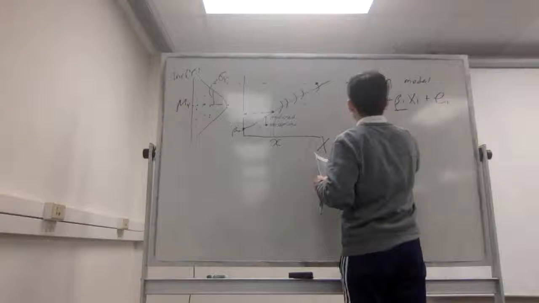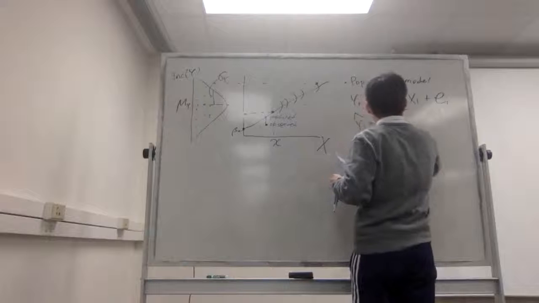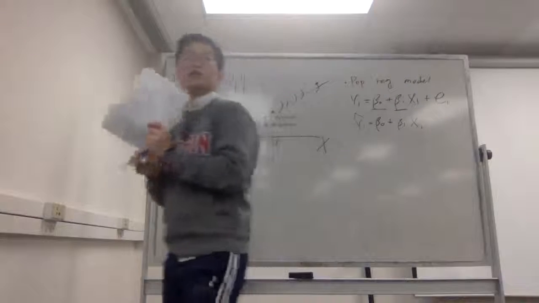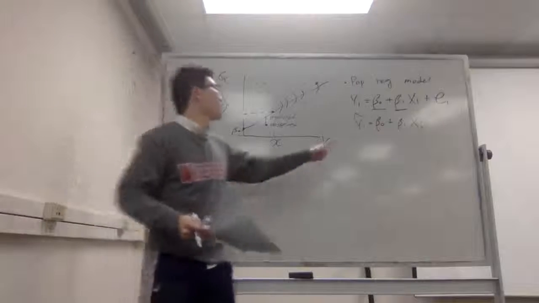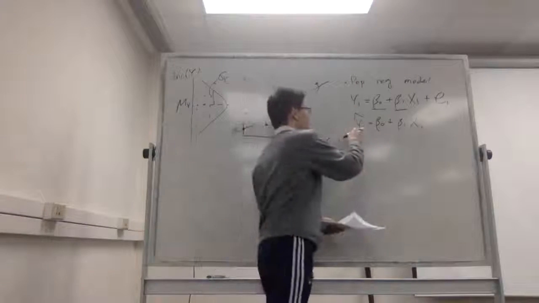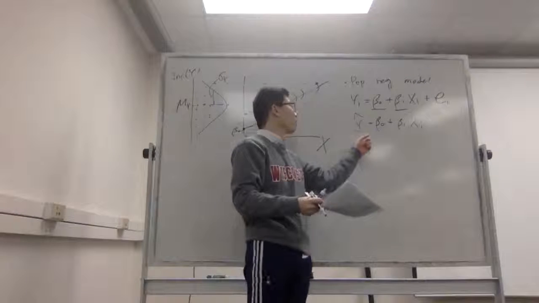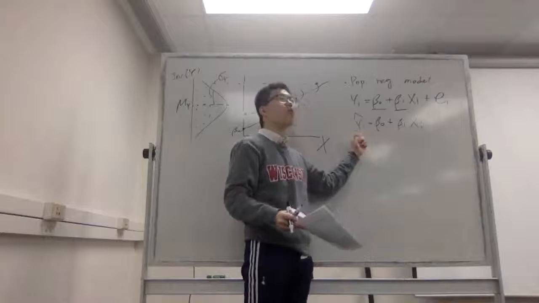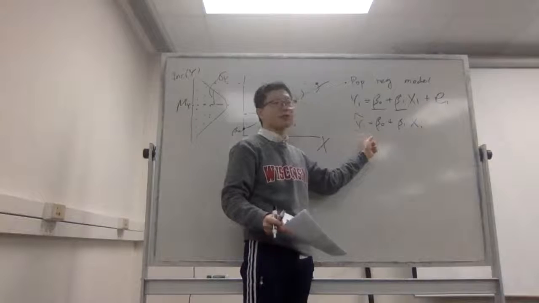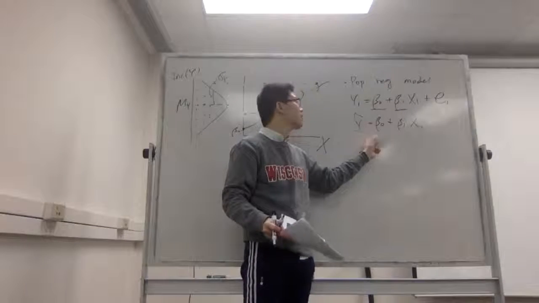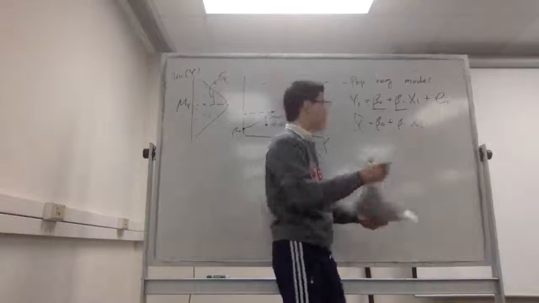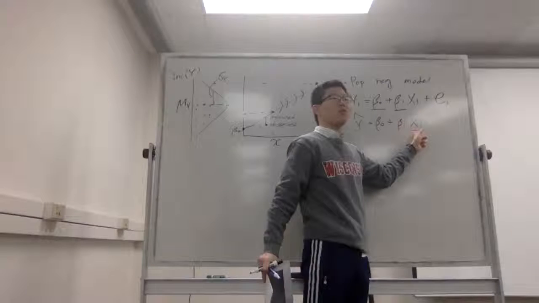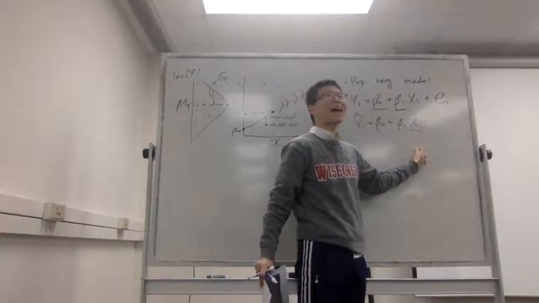So the predicted value is noted as this equation. This is the predicted value of yi, the predicted value for the ith observation, based on the level of x that i has.